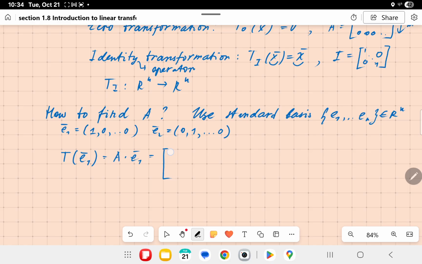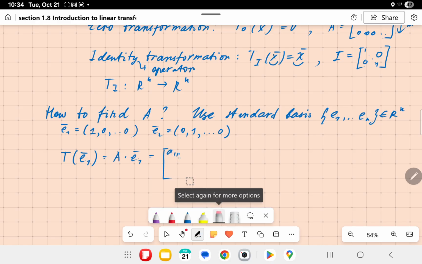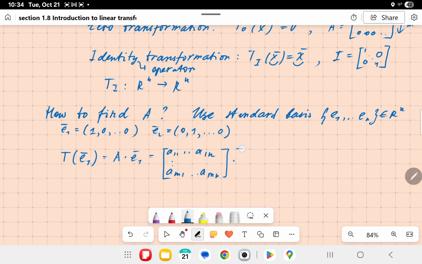How is it going to look? I'm going to write down a11 through a1n, lots of dots, am1 through amn, right? What is going to happen if I multiply it by this vector, 1, 0, 0, 0, 0?